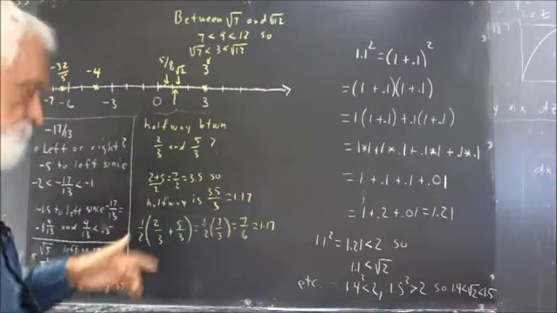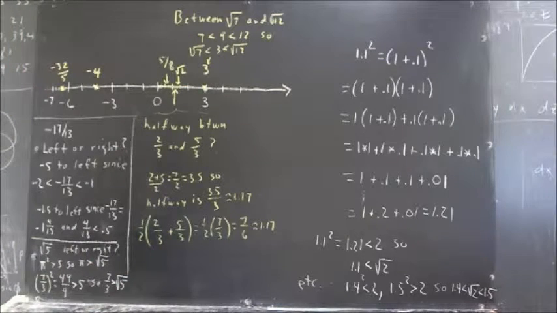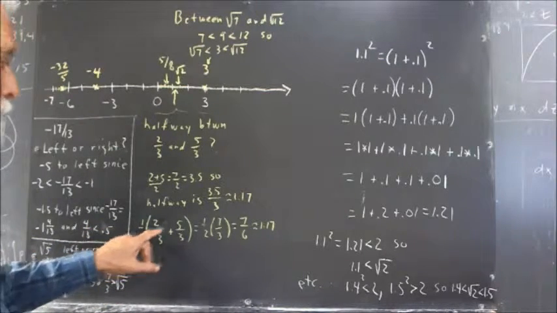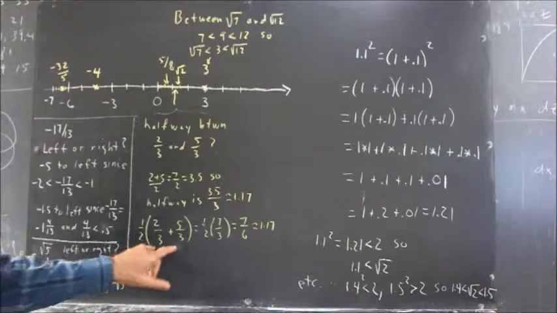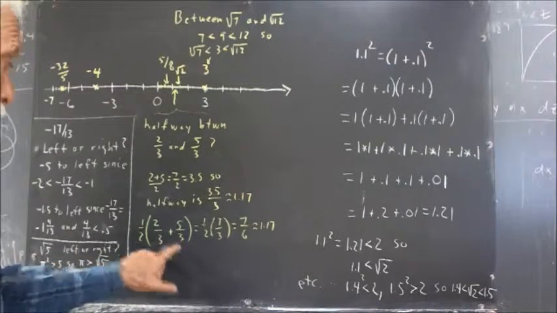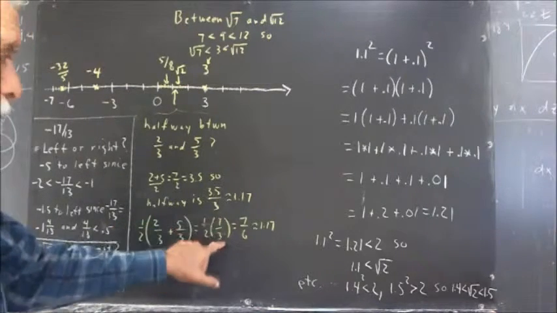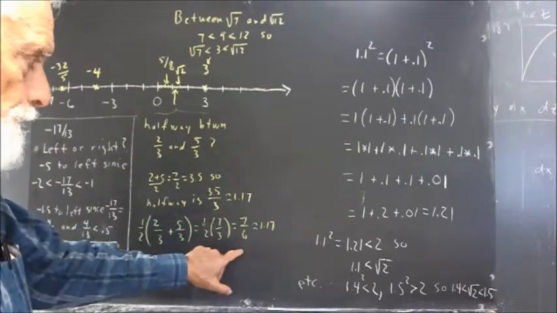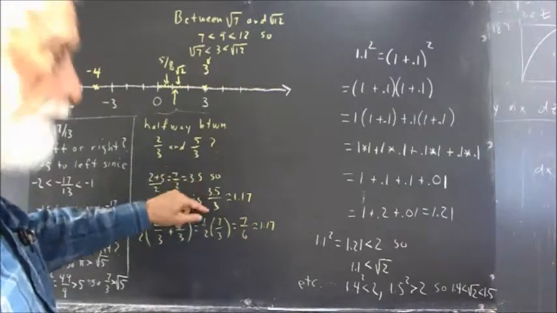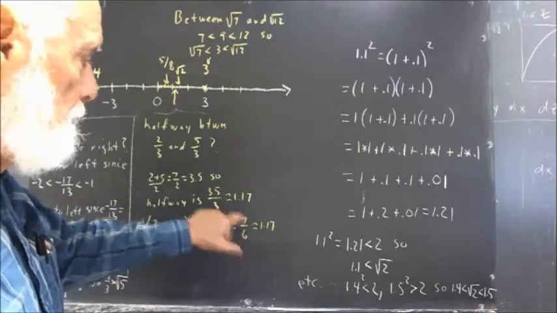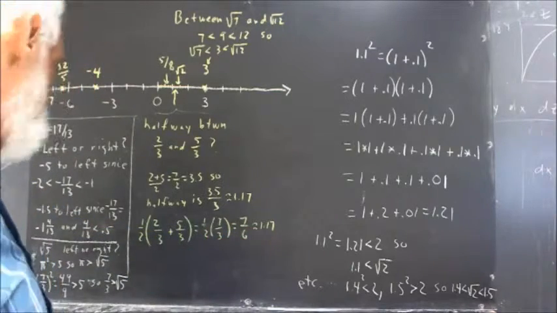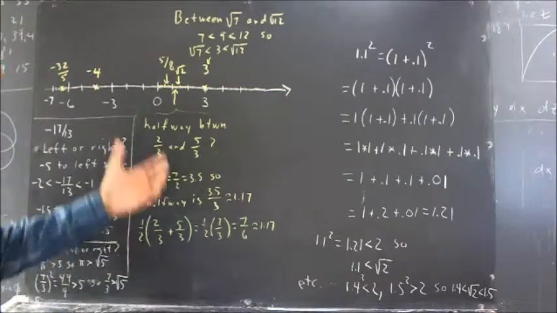A little better idea would be to take 1/2 of 2/3 plus 5/3, which is going to be halfway between the two. 2/3 and 5/3 adds up to 7/3. Half of that is 7/6, which is the same as 3.5 over 3, but that can be directly divided out. And it comes out approximately 1.17.